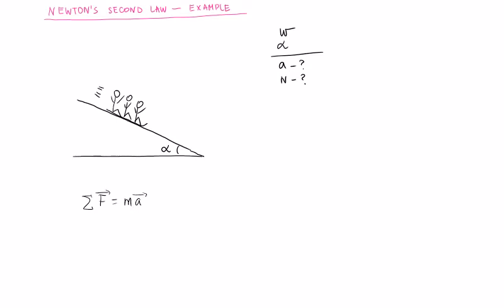Now, we have to look at the toboggan with the loaded students as one whole object, because we know the weight of this system is always downwards. So I'm going to draw weight downwards. And we know that the hill is exerting a normal force on it. So there are only two forces acting on that toboggan with the loaded students.